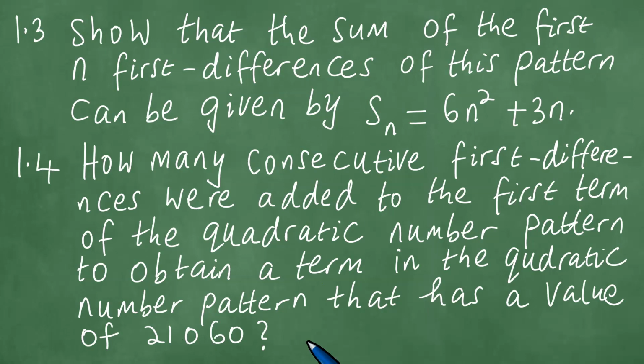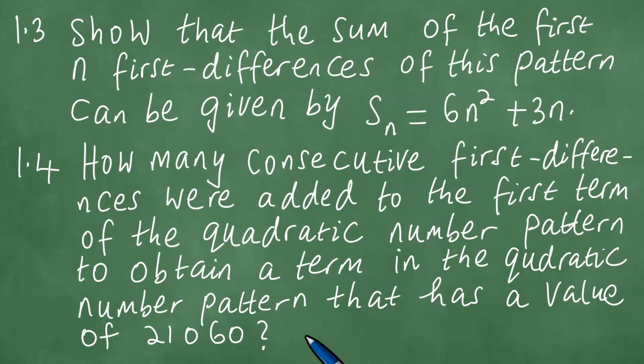Where do we start when the examiner is asking us to find out how many consecutive first differences were added to the first term of the quadratic number pattern to obtain a term that has a value of that?